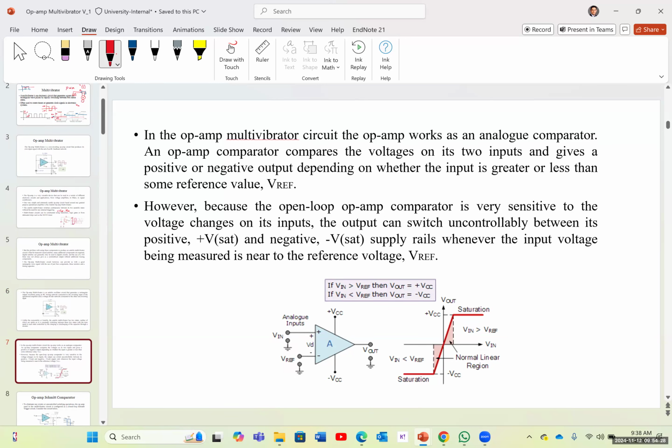The main component, or in the heart of a multivibrator, we have an analog comparator.